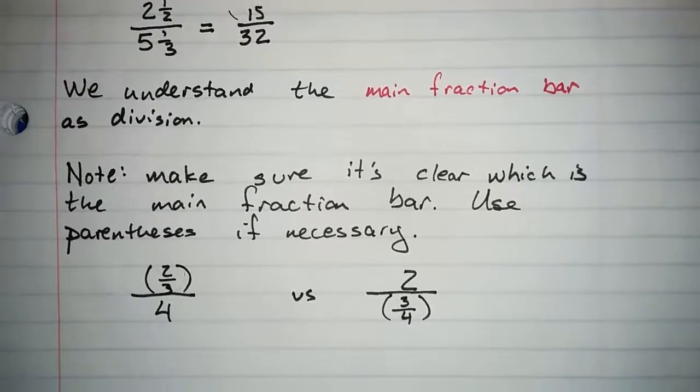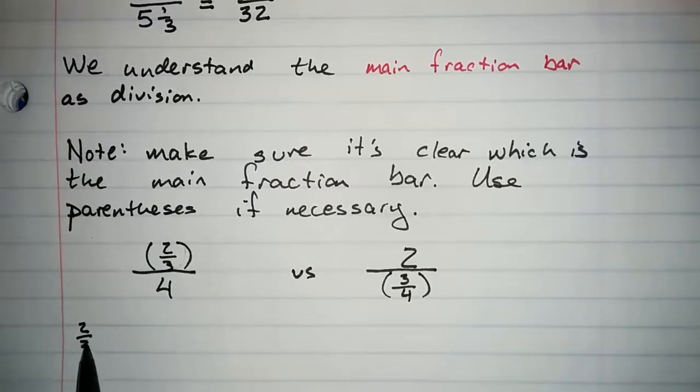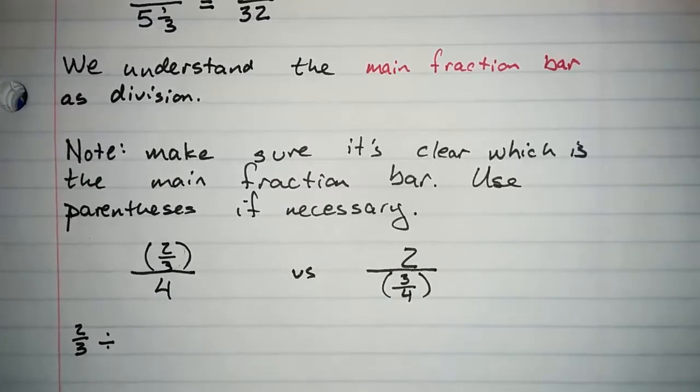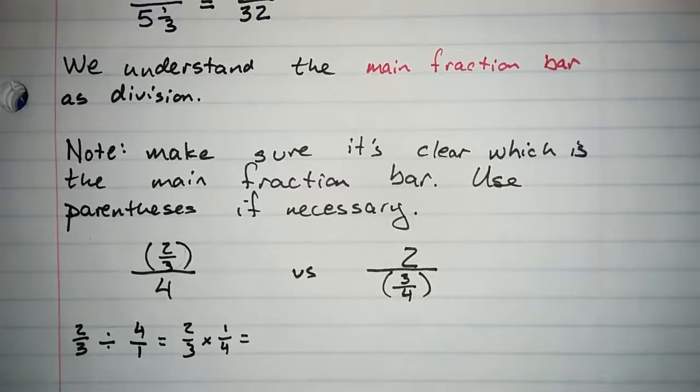What happens when we simplify this first one? Well, we'll have 2/3 divided by 4, of course, is 4 wholes, right? So we have 2/3 times 1/4. And we can say that that's 2/12, which I see a common factor of 2 here. This is 1/6.